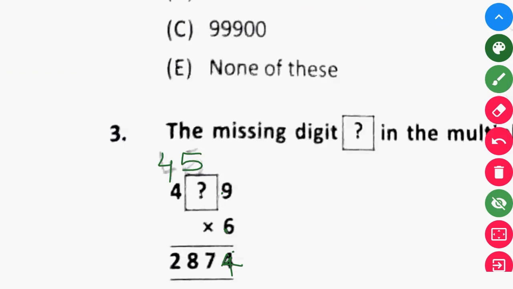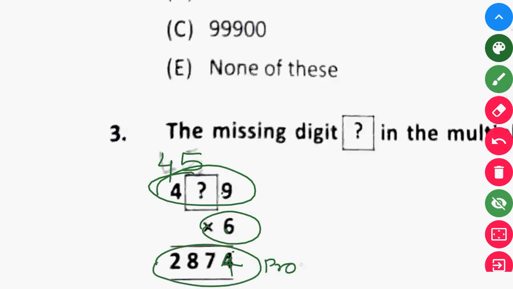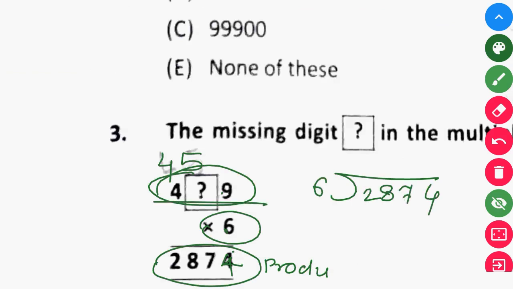So this can be solved in another way also. See, if two numbers are multiplied, and their product is divided by the multiplier, you get the multiplicand.